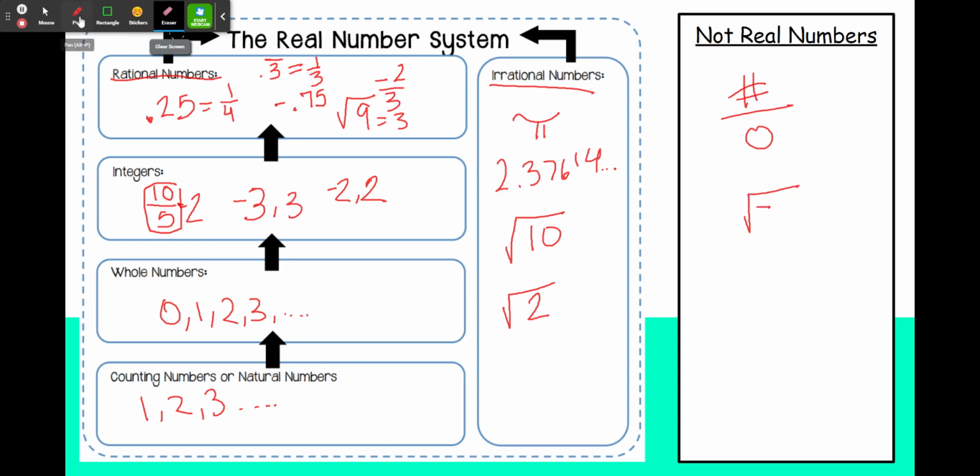Another not real number is the square root of negative 4. The square root of 4 is 2, but the square root of negative 4 is not a real number. If we said negative square root of 4, this is equal to negative 2. This is a rational number. This number isn't even real. This is not happening.